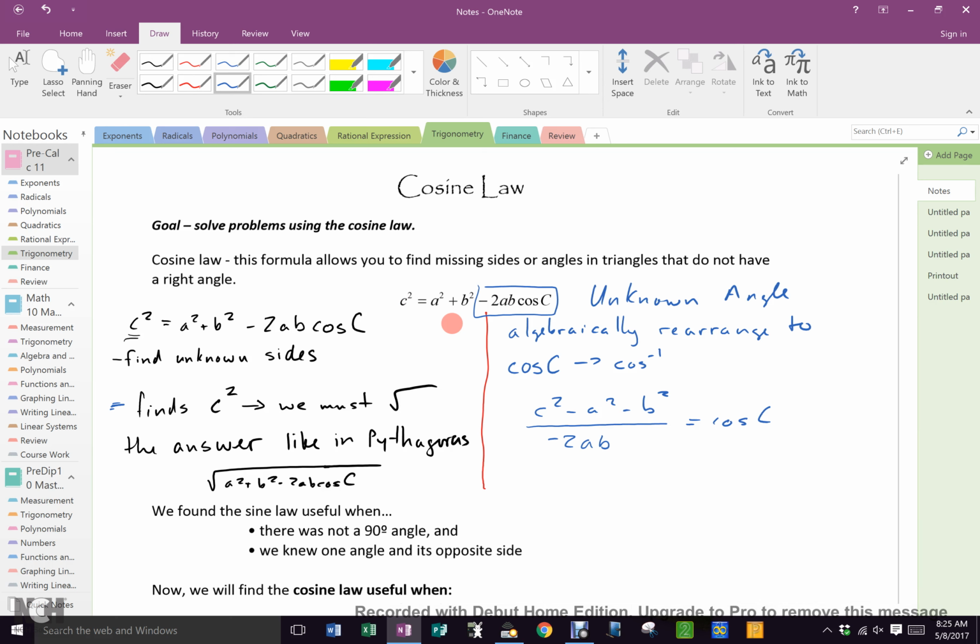Like when you were learning Pythagoras, your teacher said, oh, it's a squared plus b squared equals c squared, or it's c squared minus b squared equals a squared, or it's c squared minus a squared equals b squared, right? But some of you have always been more comfortable with that very first one, just putting in the numbers and moving it around once it has numbers. That's okay to do here too. Okay? Everybody cool? All right.